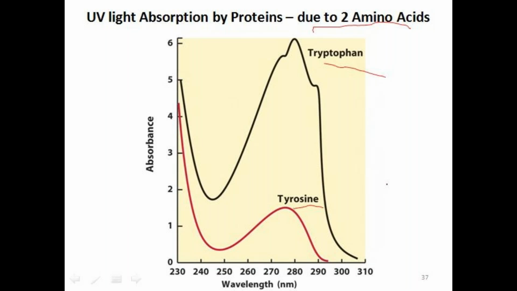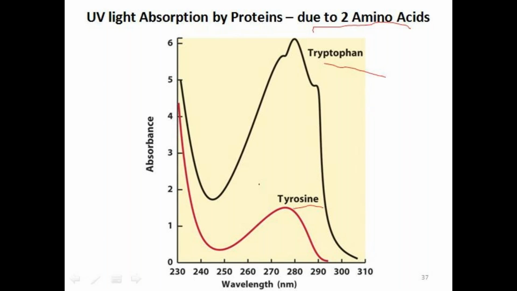It also absorbs UV light, but at a different wavelength, whereas tyrosine and tryptophan absorb at 280 nanometers.